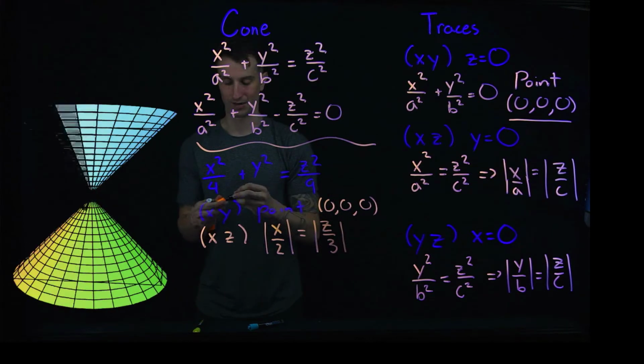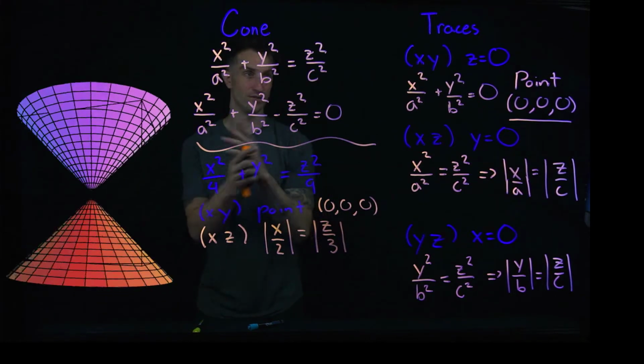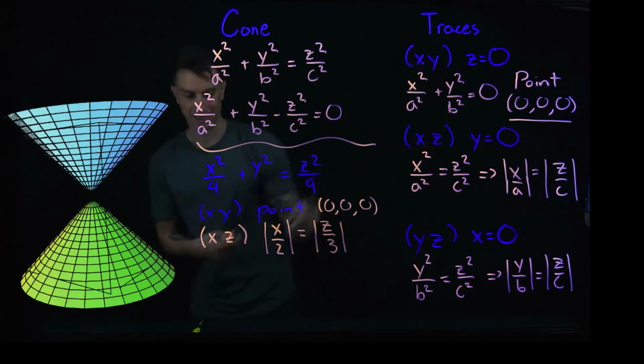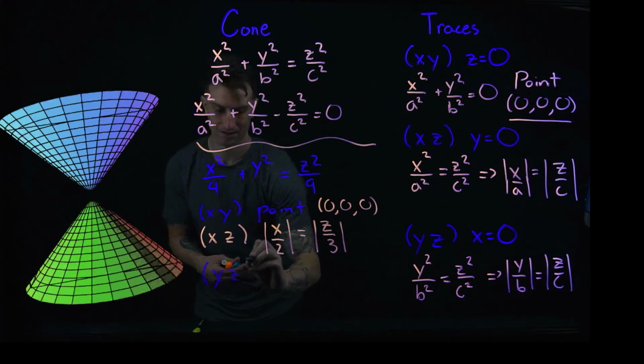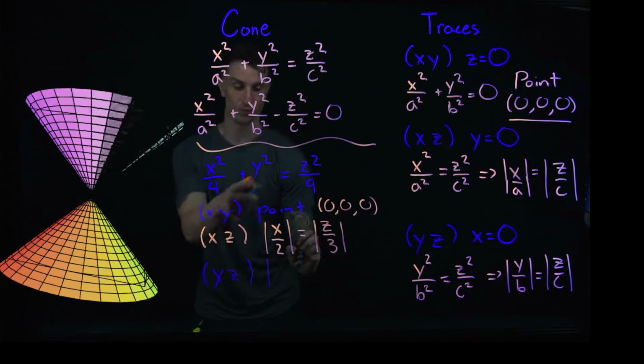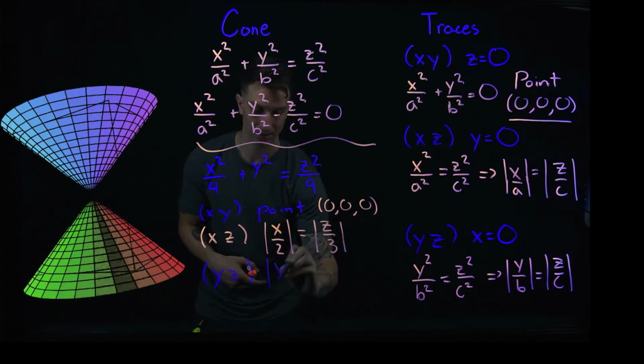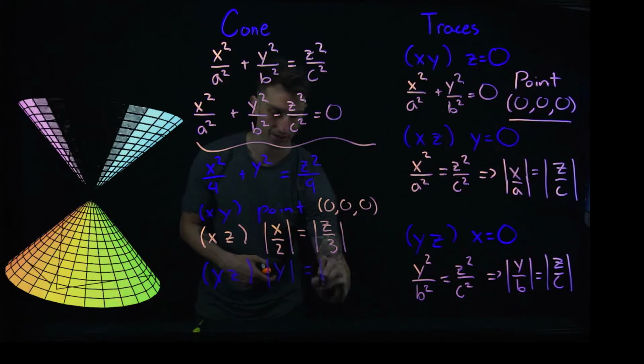So it creates those crosses for the absolute value signs to form the actual cone itself. And same thing here for yz. Same idea. We're going to end up with y is equal to z over 3.